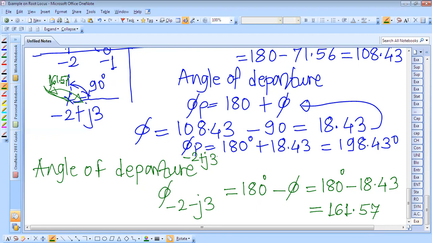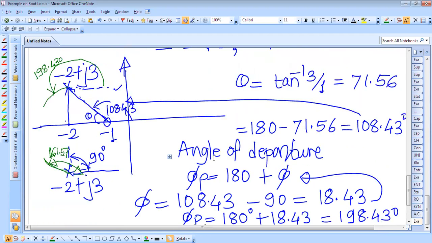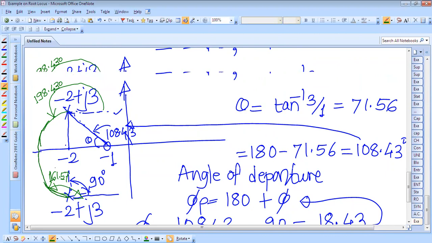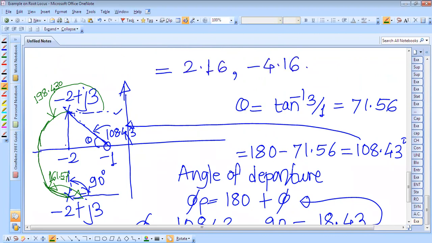Okay. Now, in this way, they will meet here. This will start here. This will meet here. And what is this breaking point? So breaking point is here minus 4.16. So this is a breaking point.